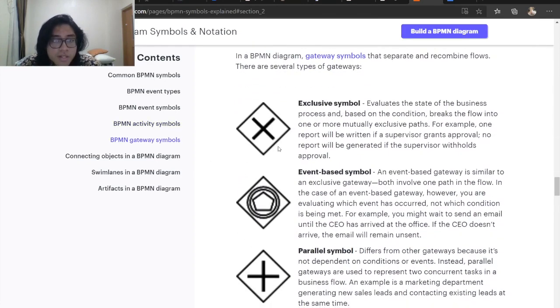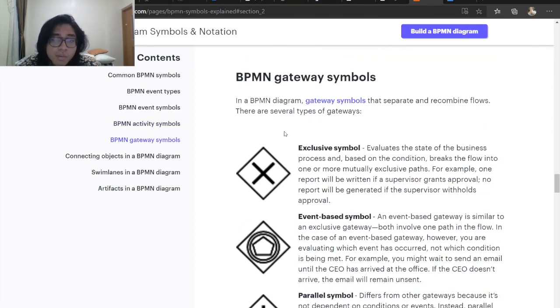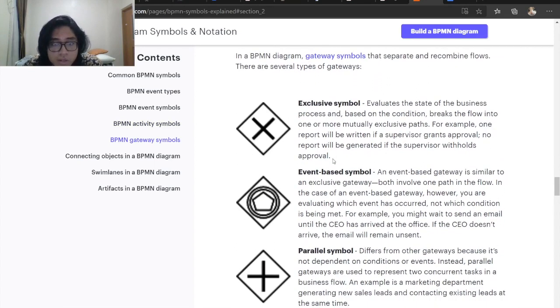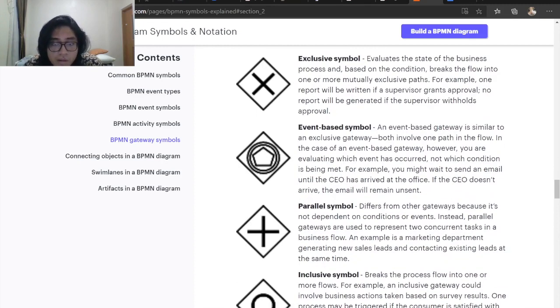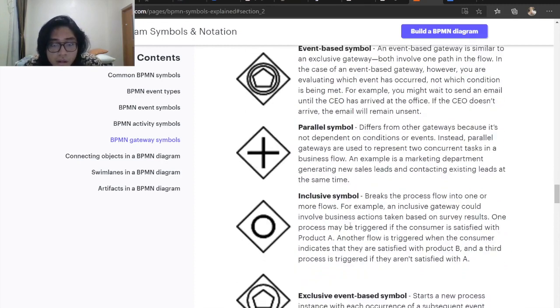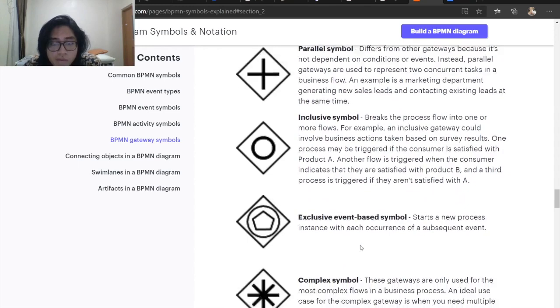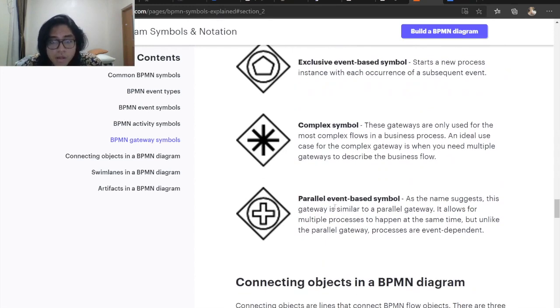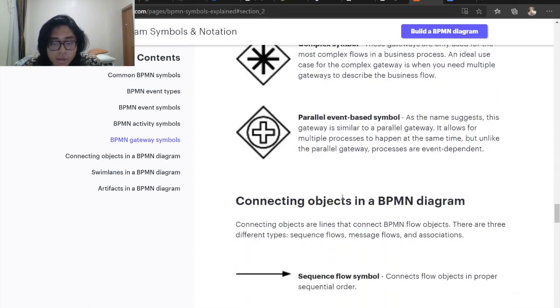And in the BPMN diagram, there are gateways that can be explained as the symbols that separate and recombine flow. There are exclusive, event-based, parallel, inclusive, complex, and parallel event-based symbols.